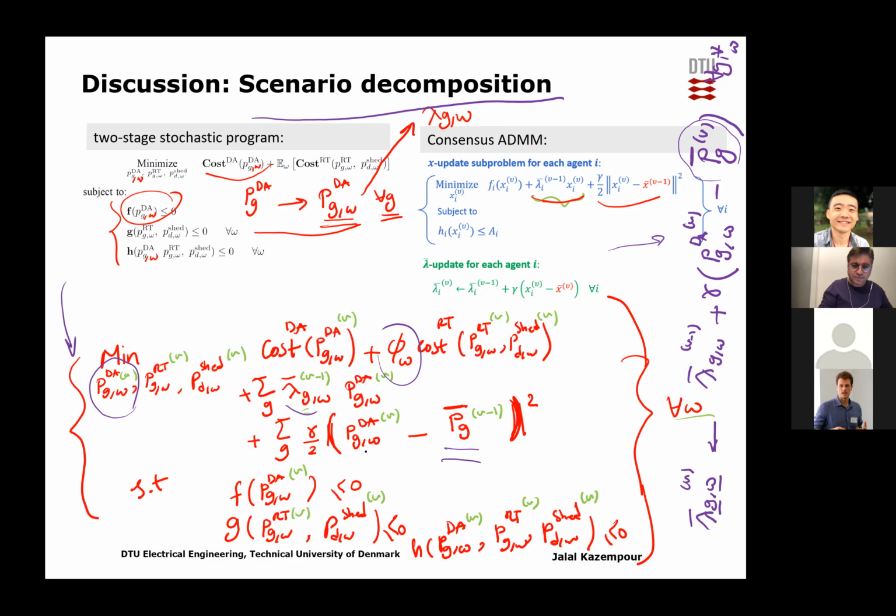Yeah, but I think it should also be applied to the cost of the day-ahead term, because all the subproblems have to add up to the original problem, right? I don't think so, you just relax it.